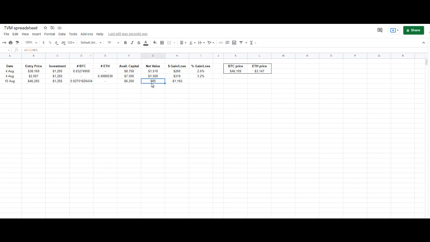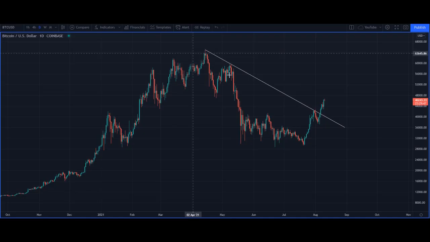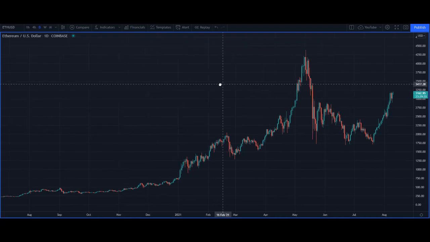Okay, this is not done correctly. Sorry about that. Let me update it properly. Okay, right, so that's for Bitcoin. I've now entered my second half of the first batch, so I'm fully allocated in my first batch for Bitcoin. Okay, let me just now take a look at Ethereum and see what's happening.